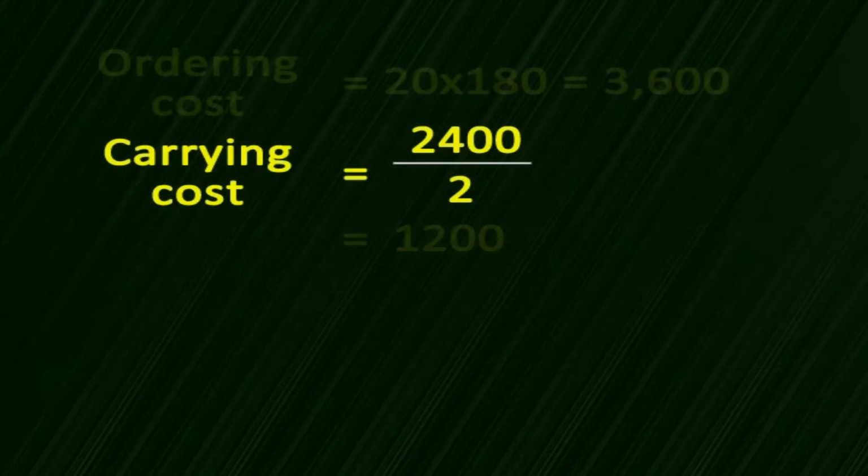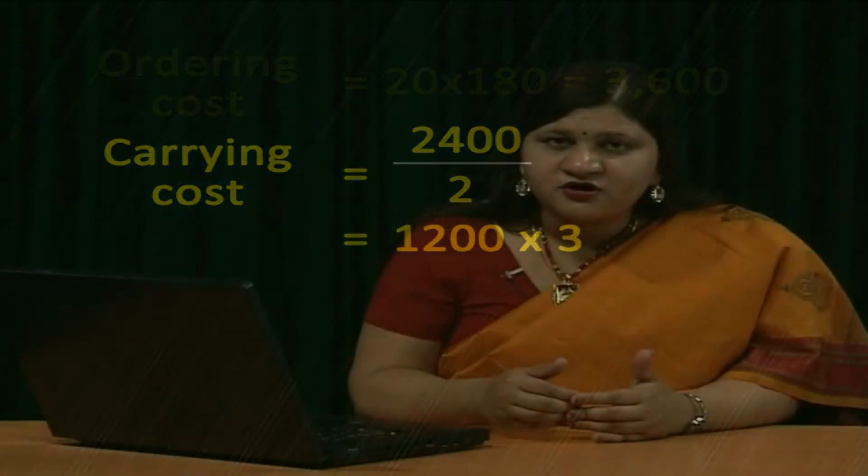Now we need to find carrying cost. We know that carrying cost is charged on average inventory. That means whatever order we place, we carry the average of it. So we divide order size by 2 and multiply by carrying cost. So it will be 2400, that's our EOQ units, divided by 2, which gives us 1200 units, into 3, the carrying cost which we computed by applying the rate to the purchase price.